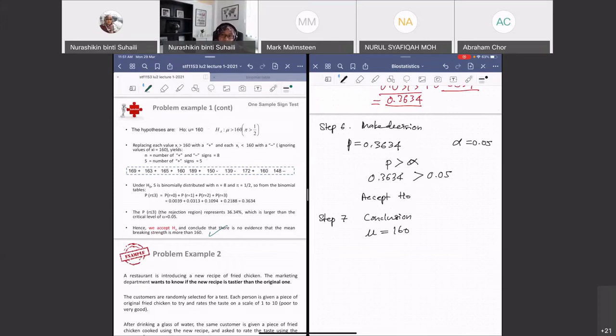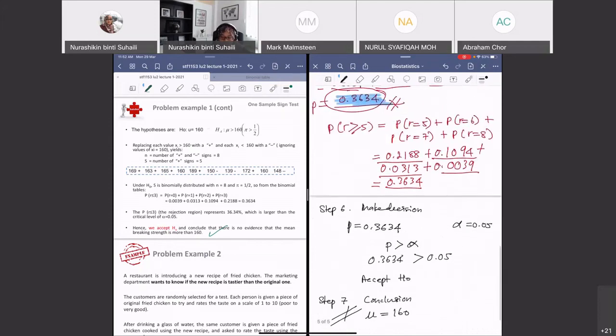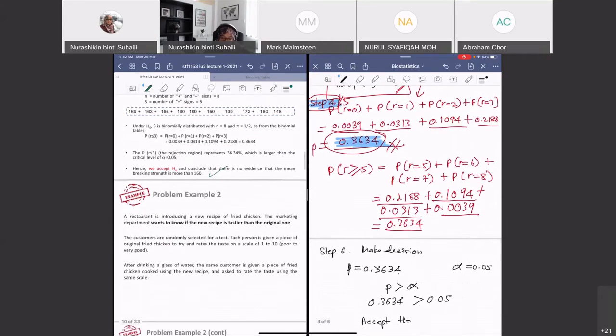But sometimes there is another way to express it. There is no evidence that is. But if you say that the mean is 160, I can also accept that. So those are the 7 steps that we have to perform in order to do the sign test. Okay. Any question?